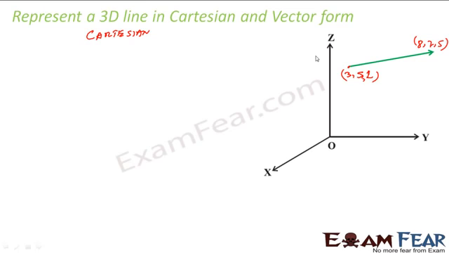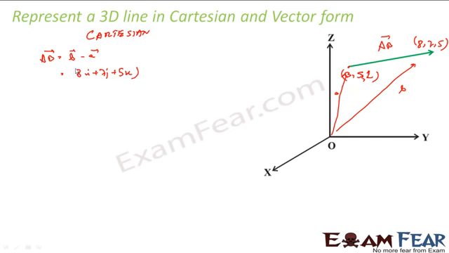Correct? Vector form, I think we can still make a guess, because if this is A vector and this is B vector, let's suppose, this whole thing is AB vector, this will still apply the same formula. AB vector is my B vector minus A vector, and B vector is nothing but 8i plus 7j plus 5k, and this is 3i plus 5j plus 1k.